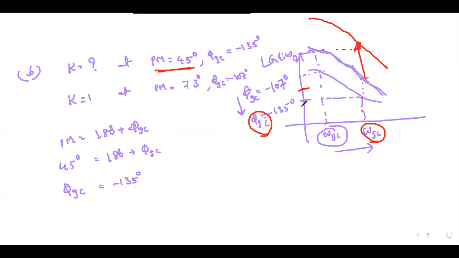Pallavi, where phi GC is equal to minus 135 degrees, just draw a line, and at this point, what is the magnitude?